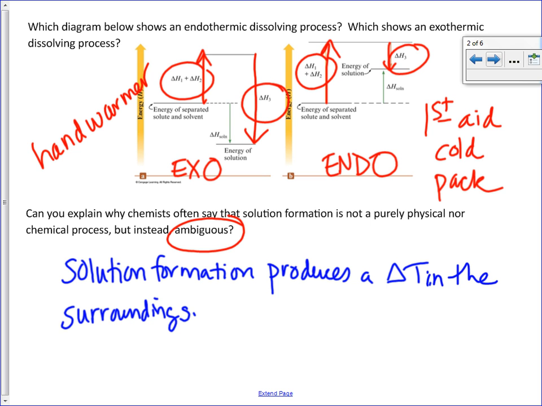And that's just like a chemical reaction. And that's because the delta T in either case is the result of the net bond breaking and bond forming energy changes.